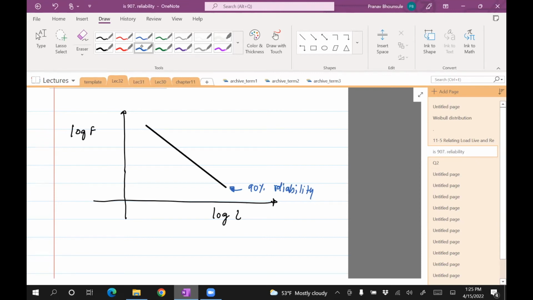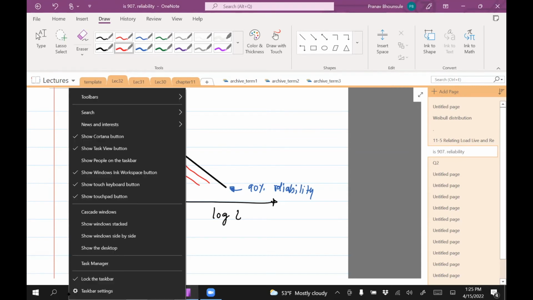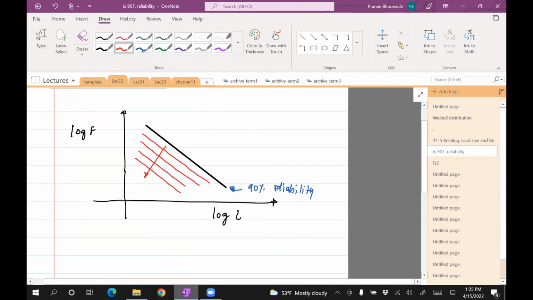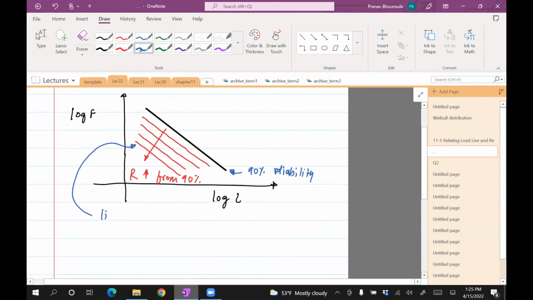Okay, so what happens is if you want to do the same experiment to find the reliability at 95% or 99%, it so happens that you will end up with lines which are parallel to this line, something like this. So this is for a constant reliability, but the reliability is increasing from 90%. This is a line of constant reliability.